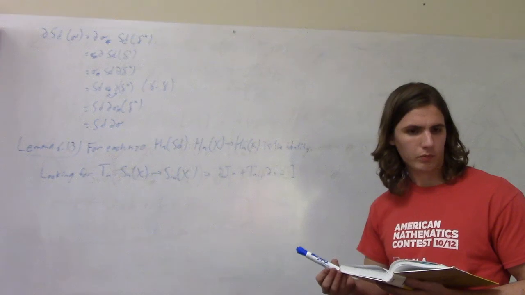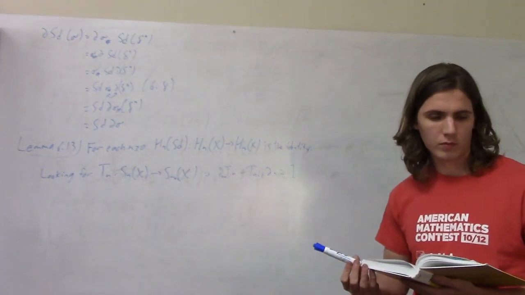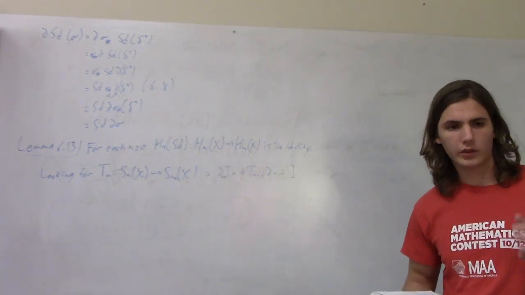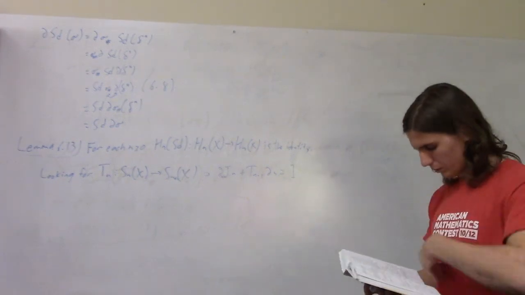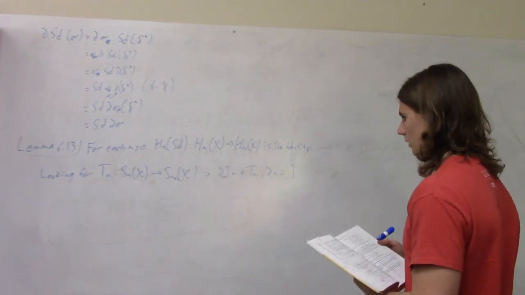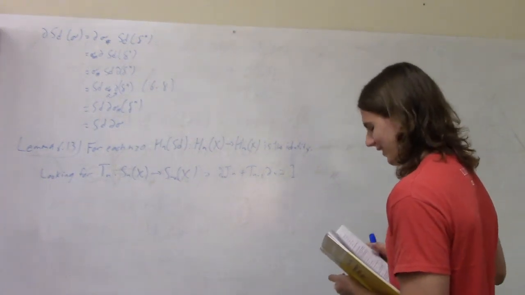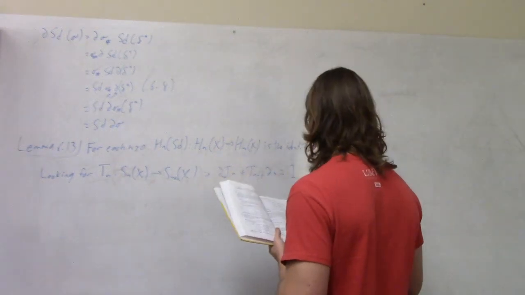So you're saying if you subdivide the complex, you don't change the homology. Yep. Oh, come on, do we really need to prove that? Yeah, I guess we do. That's pretty obvious.